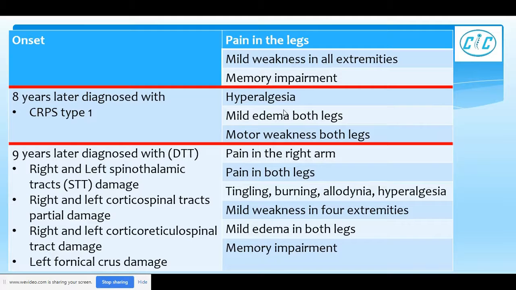So there is a tract in the central nervous system that shows damage. Not only are the sensory tracts affected, but also the corticospinal tract, which controls different aspects of motor output. As we mentioned before, it also affects the sensory and autonomic nervous system as well. But again, it is the bilateral corticospinal tract.